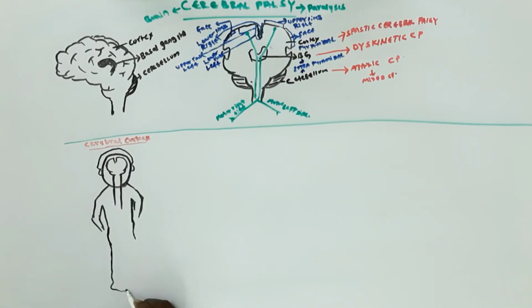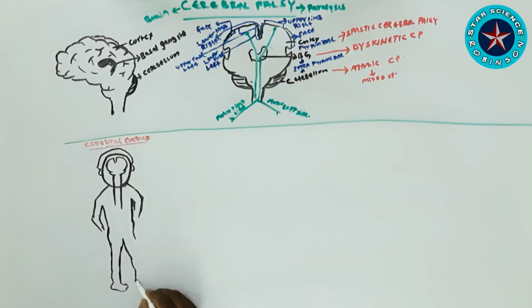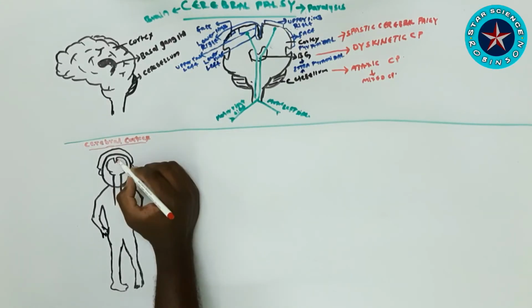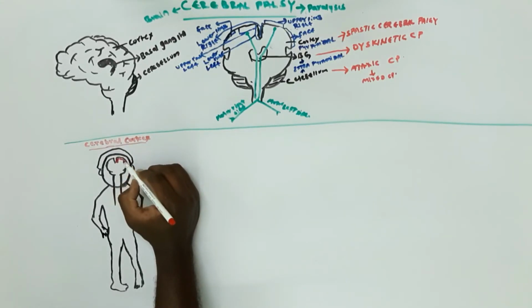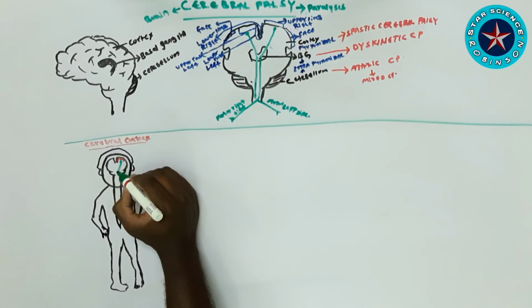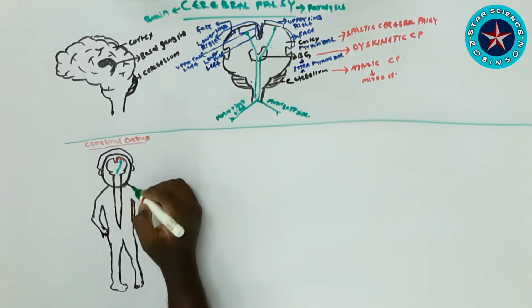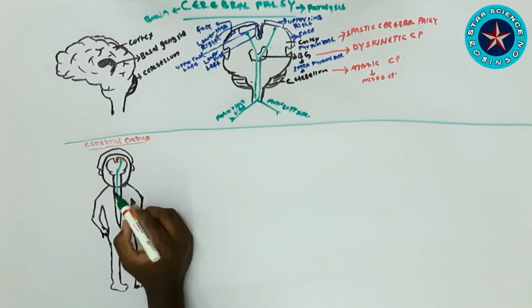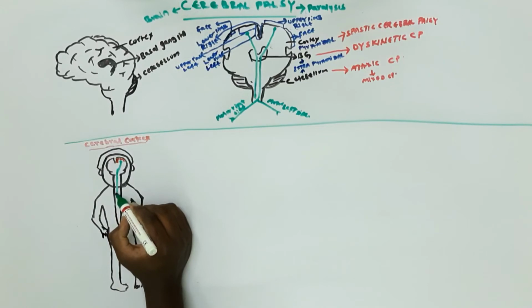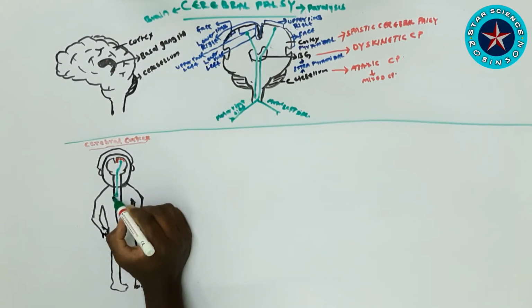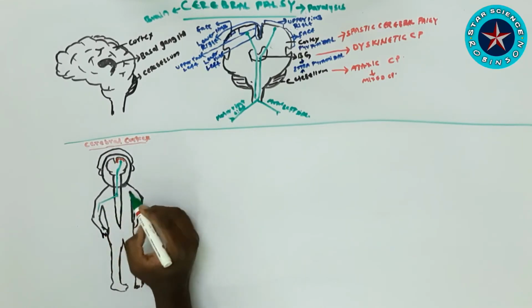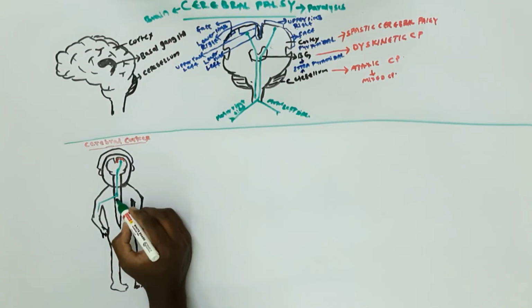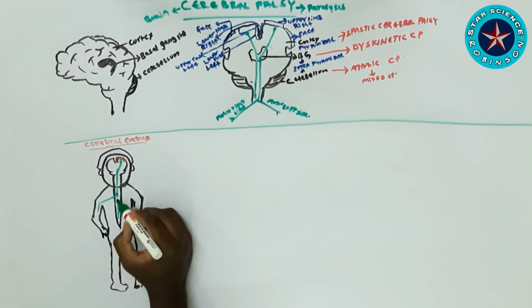We'll go with the diagram of patients with an affected cerebral cortex, so we'll see the differences. I'm drawing a patient's posture. If the middle and upper portion of the cortex, the lower limb and upper limb areas on the left side of the brain, is affected, then the information from there to the right upper and lower limb will not reach them.